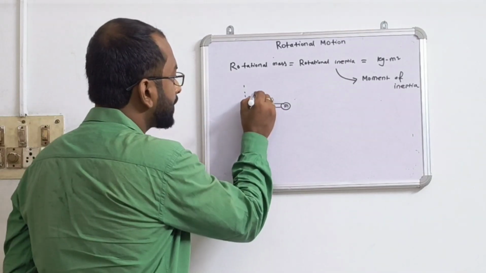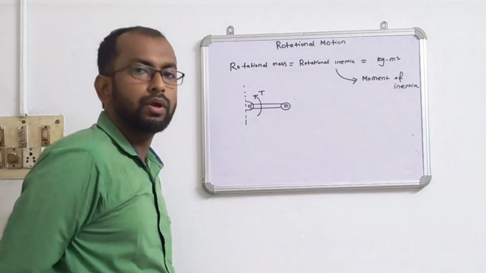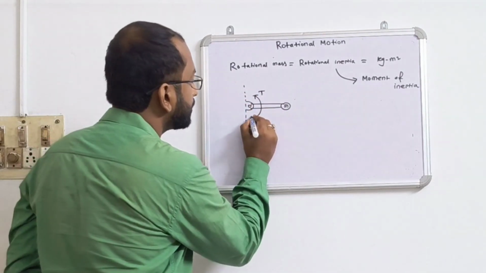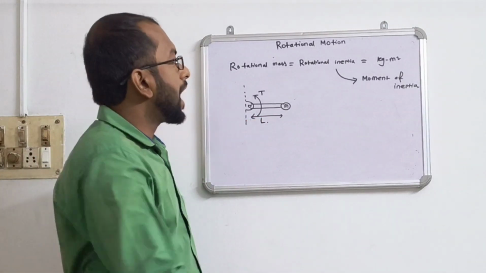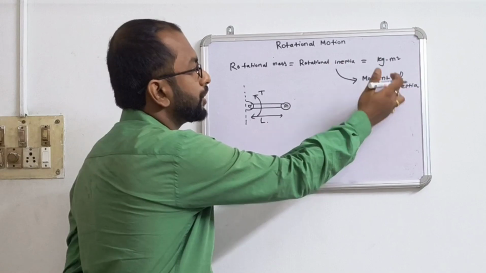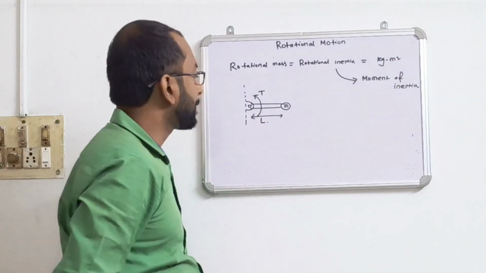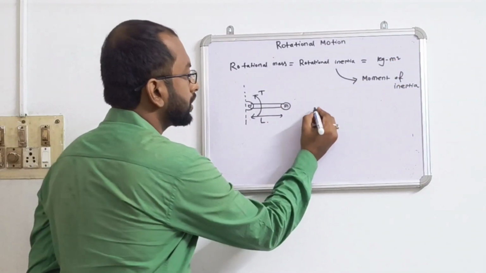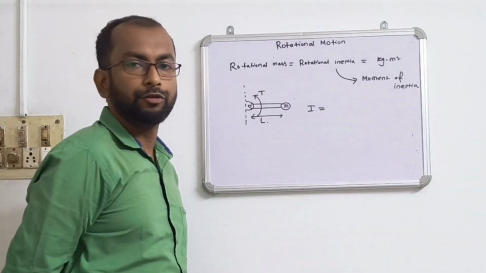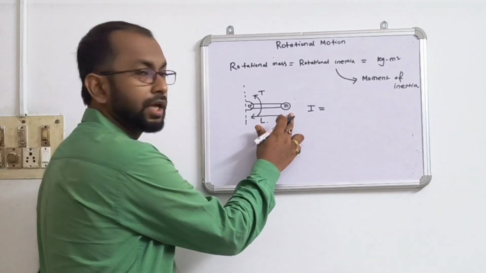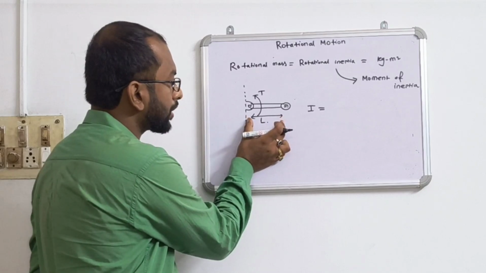If I apply some torque, it will get some angular acceleration, and the length of this massless rod is L. Now see, the dimension of rotational inertia or moment of inertia is kg into meter square. So what is that kg into meter square? It is denoted by I, moment of inertia. That is mass into the distance square from the pivot point.